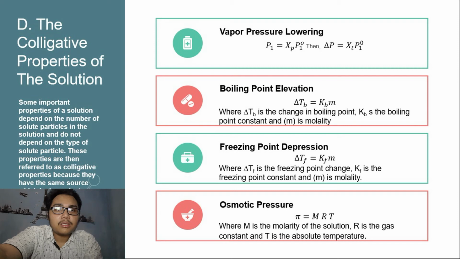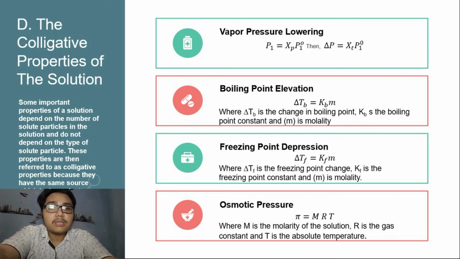The third is freezing point depression. Freezing involves the transition from an irregular state to an orderly state, so energy must be taken from the system. Because the solution is more irregular than the solvent, more energy must be taken from it to create order than in the case of the pure solvent.